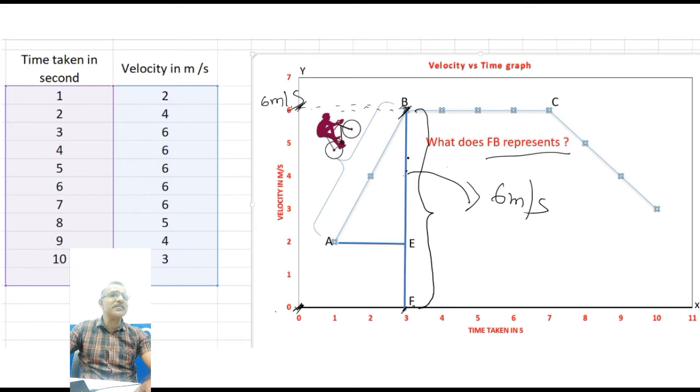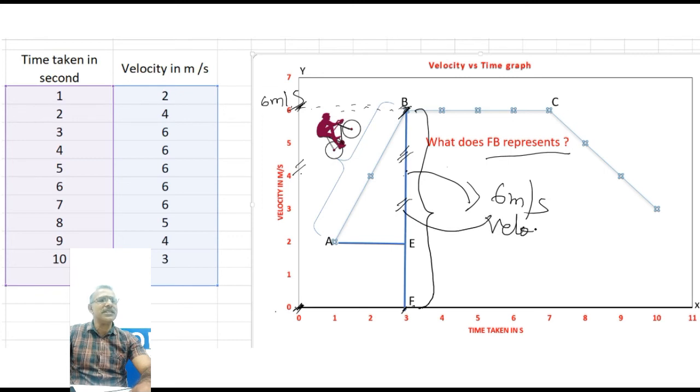Remember this. If you want to know the value of this line, you have to see the axis which is parallel to that line. This particular line is parallel to the velocity axis, so you have to see velocity. So this represents velocity.